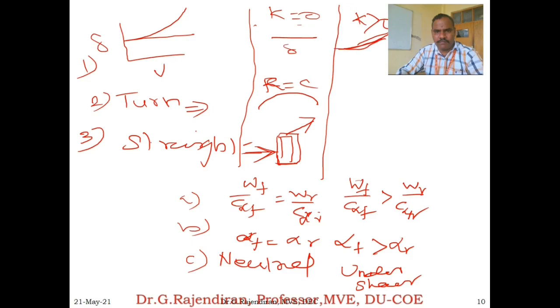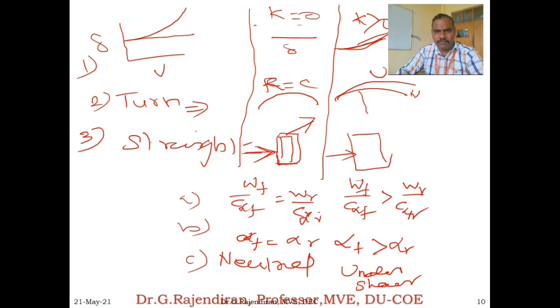Now, when you are taking a turn, this one is constant. Clear? R is equal to constant. When you are taking a turn, the turning radius increases compared to the neutral steer, in understeer. So the turning radius increases compared to the neutral steered vehicle. Clear? And when the vehicle is in straight line motion, the centrifugal force is acting.